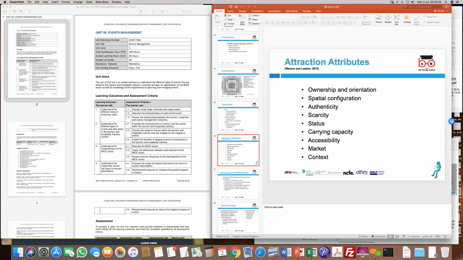So in those cases, ownership and orientation becomes important, because if you look at a venue which is like a public park, or a location which could be easily rented out from the council by getting permissions, but does not have that much rental or some sort of fees attached to it, you will go for some of those venues and locations when you are hosting or staging an event which is to do with, say, fairs or some sort of outdoor events.